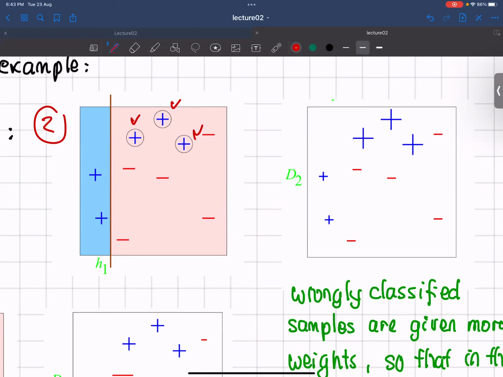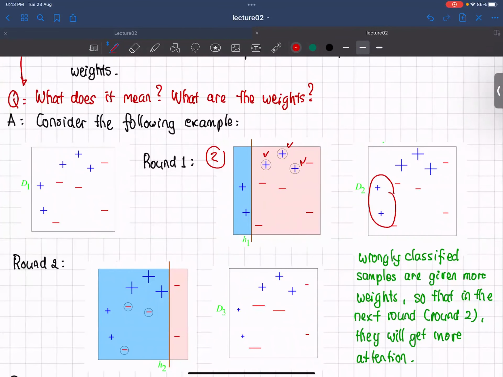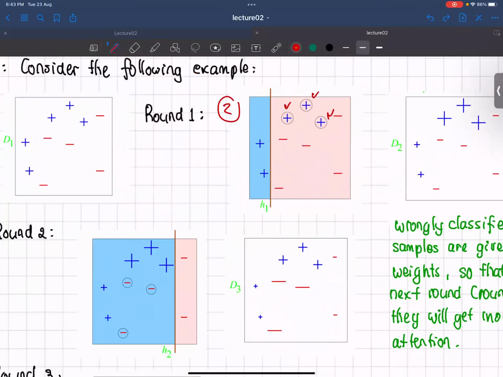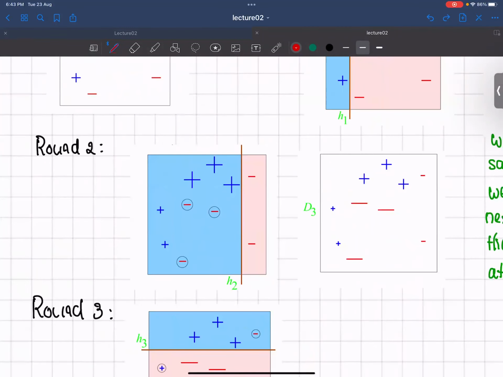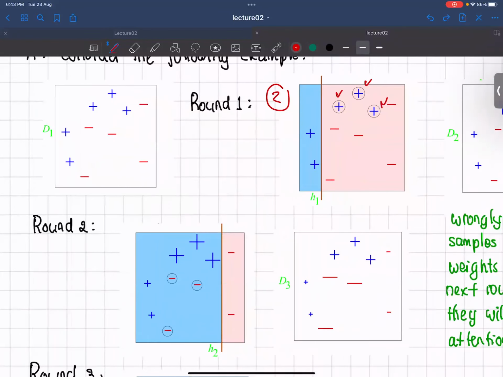So in the next stage, this one becomes the focus, and we don't really care that much about that one, but we care about this one. The rule for round 1, round 2 and round 3 is very simple: we just use a vertical line for the classification.